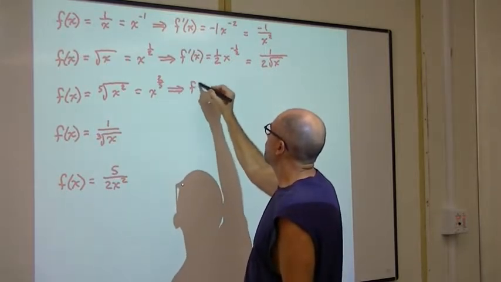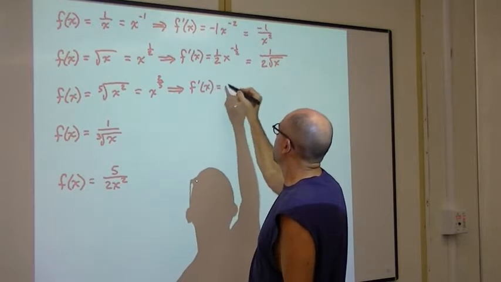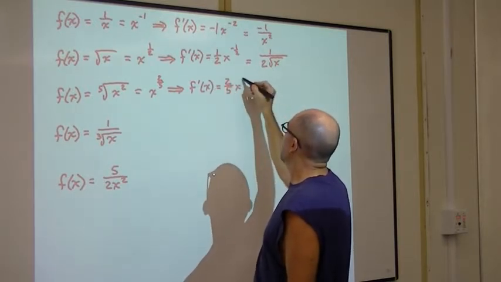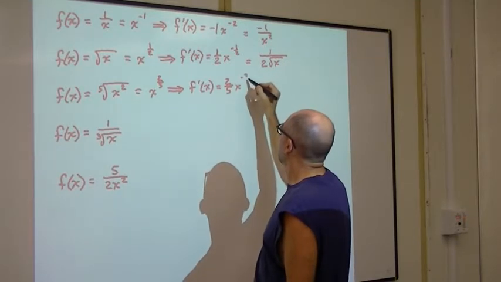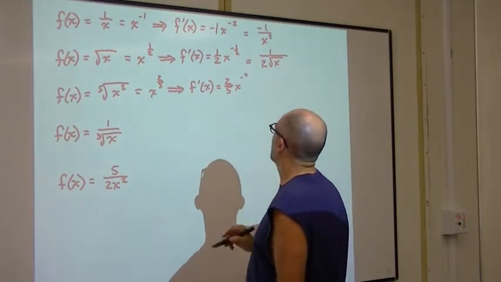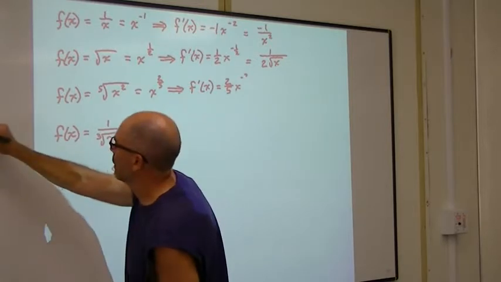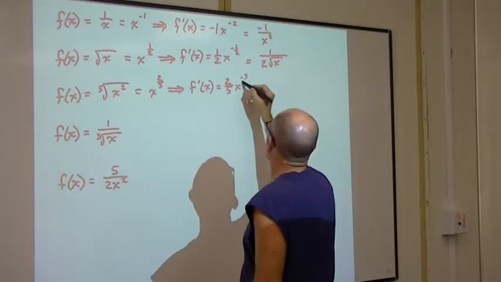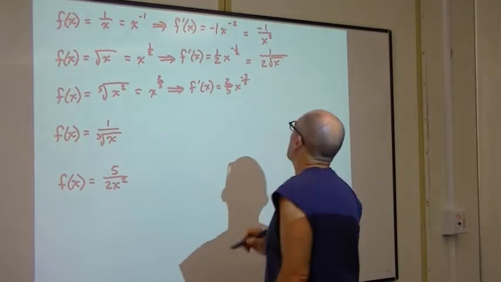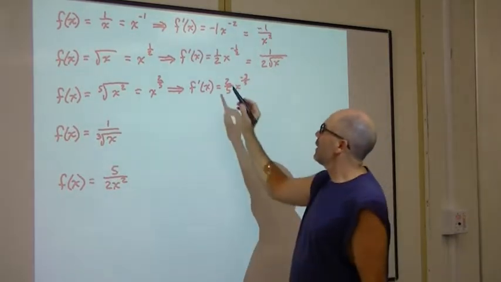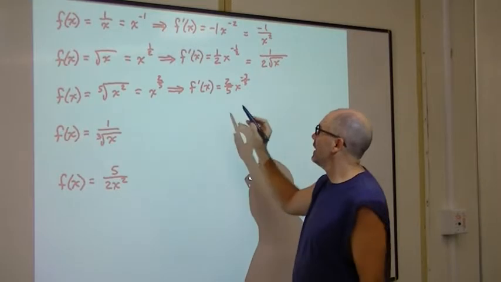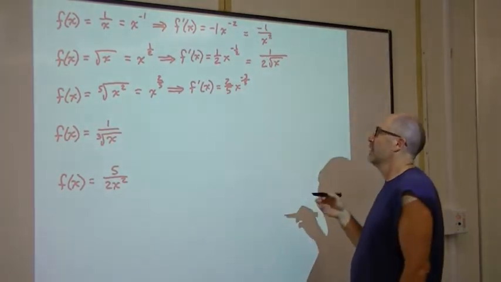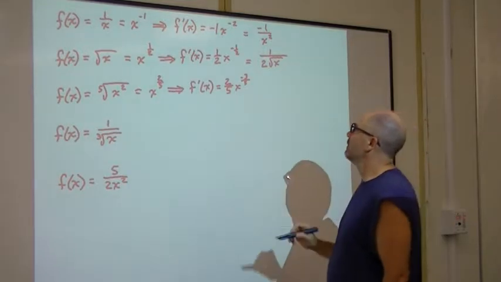So that means f prime of x is going to equal 2/5 x to the negative 3/5. Notice we just take our exponent down in front and then drop it by 1. So 2/5 minus 5/5 is negative 3/5.